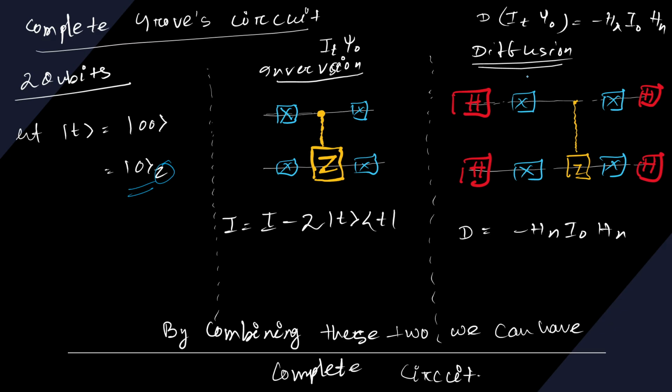And for the diffusion operator, 2 H gates are present like this. Around this inversion operator, we will have H gates, meaning Hadamard gates. These are X gates, Z gates, and the other are the Hadamard gates. By combining these two things, we will have the complete circuit.